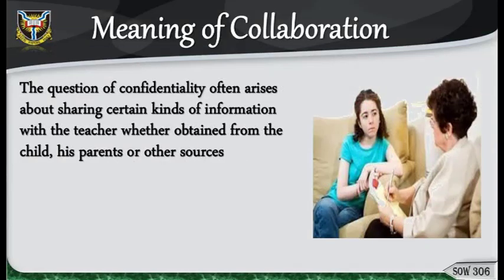The question of confidentiality often arises about sharing certain kinds of information with the teacher, whether obtained from the child, his parent, or other sources. The school social worker shares with the teacher information that will help the child. The fact that it must be shared is handled appropriately with the child, his parent, or other source.